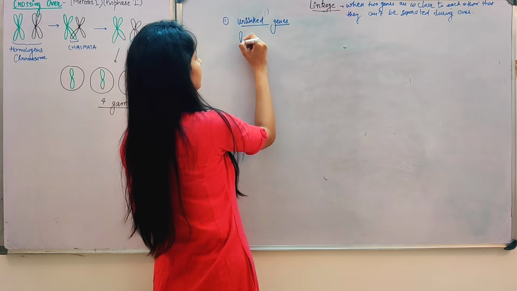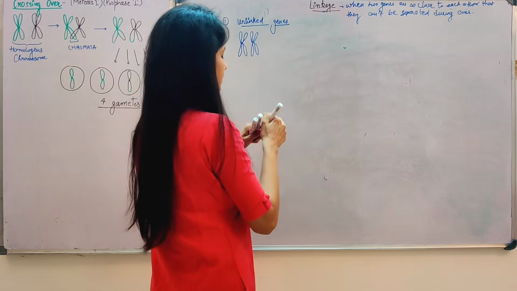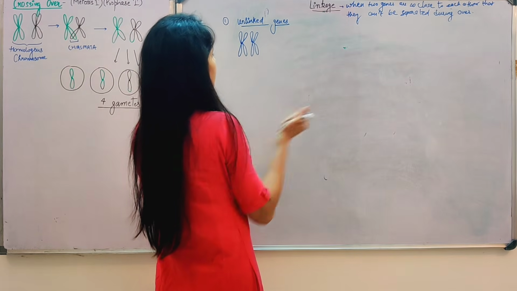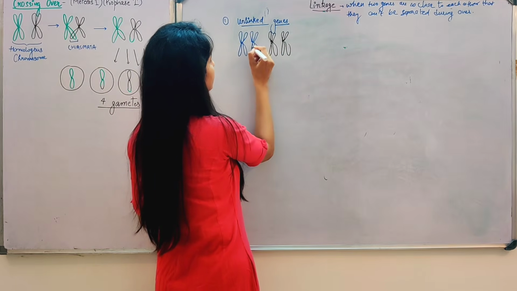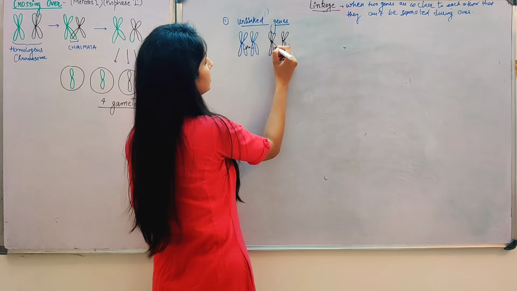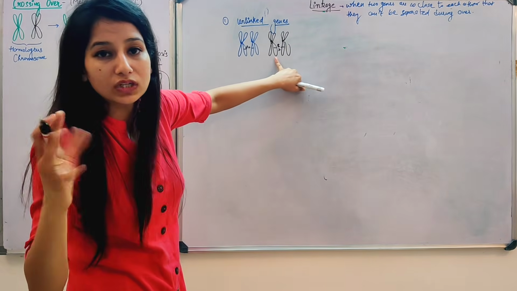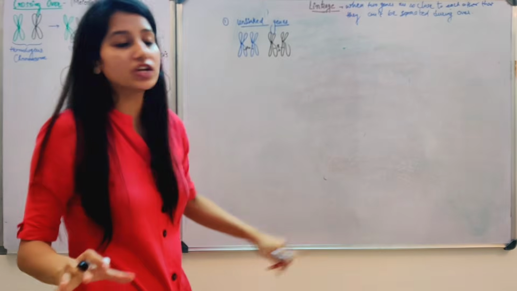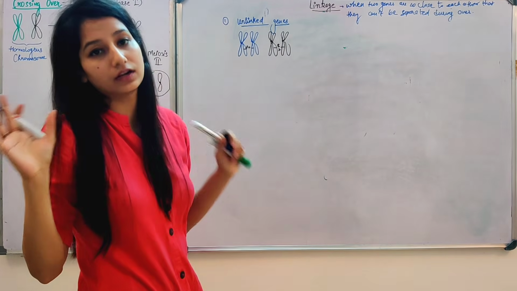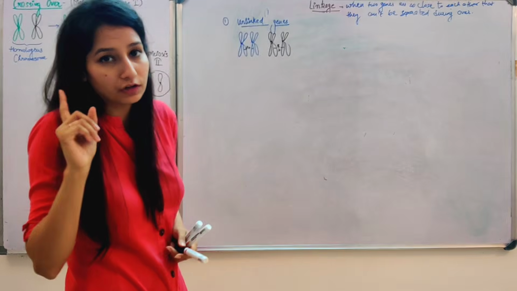For example, this is a homologous pair and this is the second chromosome, a non-homologous chromosome. On this the A gene is present and on this the B gene is present. So these two are totally unlinked. They don't have any connection with each other, so we call them unlinked as they do not have any kind of linkage.